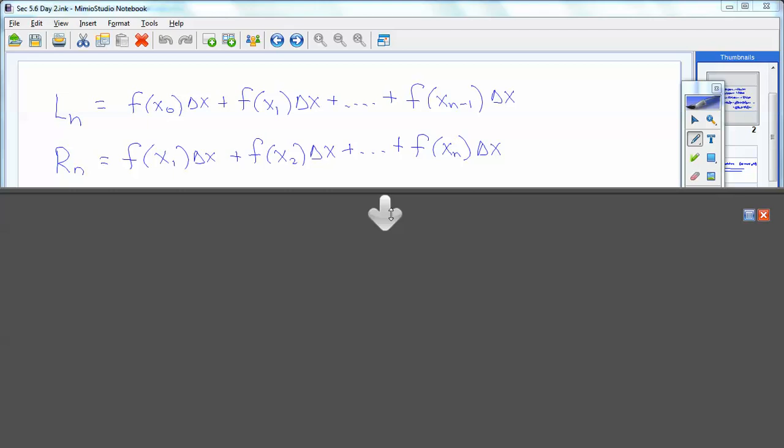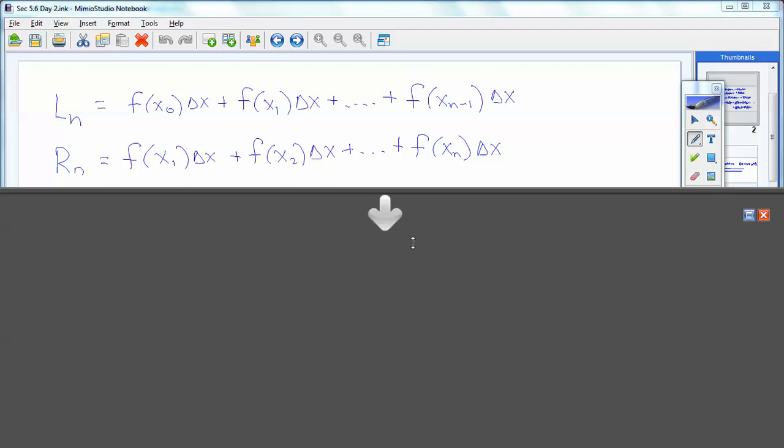Now, notation-wise, this one is kind of the nicest, because it starts at 1 and ends at n. So if we have a choice, as you're going to see in a minute, we're going to use right rectangles, because notationally it's just a little nicer. You don't have to start at 0 and end at n minus 1, that kind of thing.